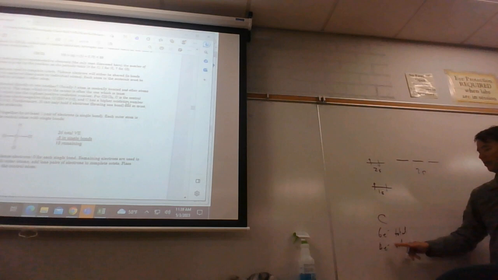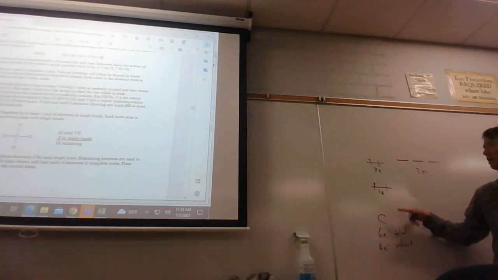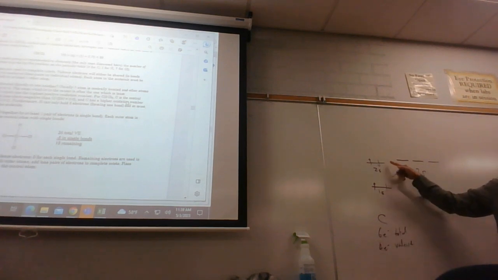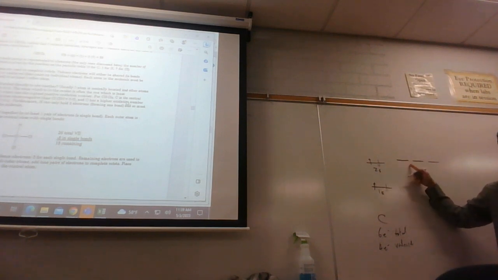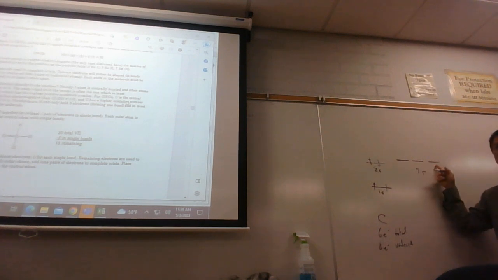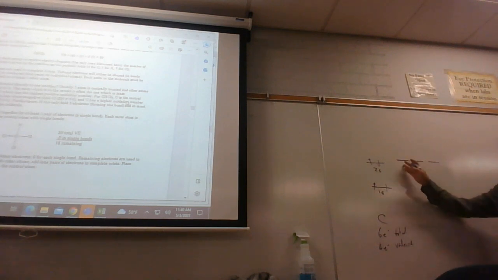So that takes care of 4 of the 6, and I filled up my 2s sub-shell, and then I have to go to the 2p. Now the 2p, which one should I fill first? Should I fill the 2px, the 2py, or the 2pz? It doesn't matter. I can fill any of these, but we like to work left to right.